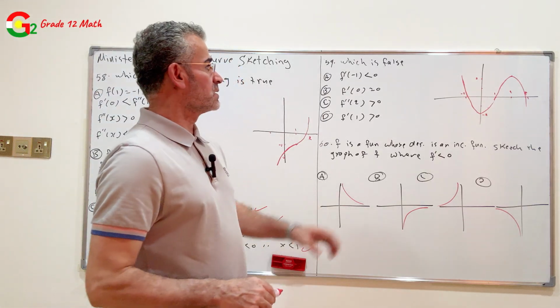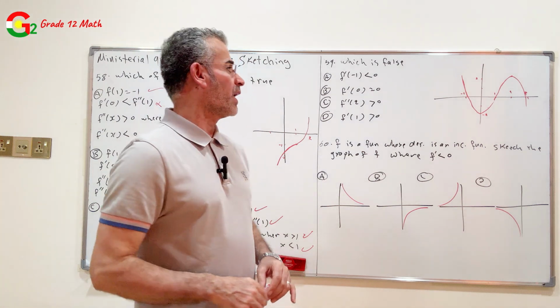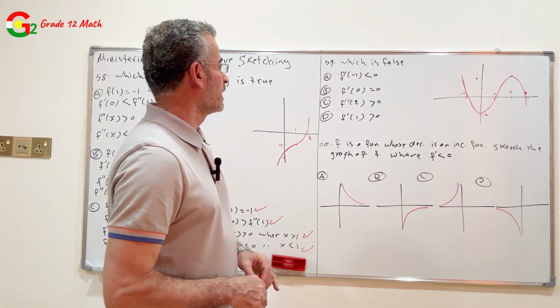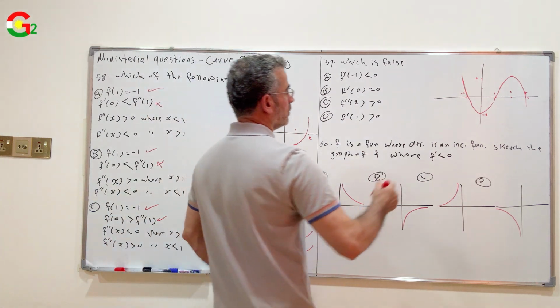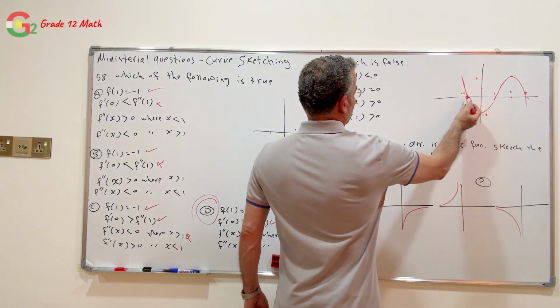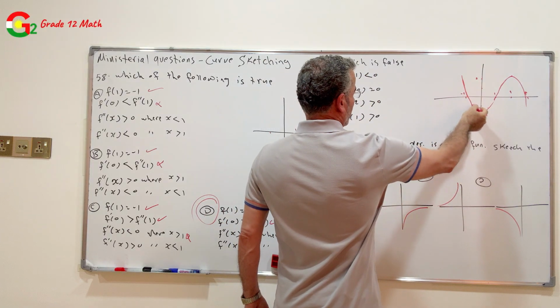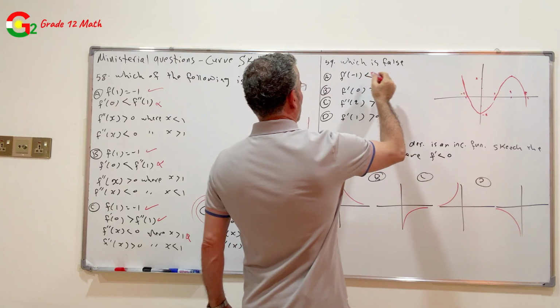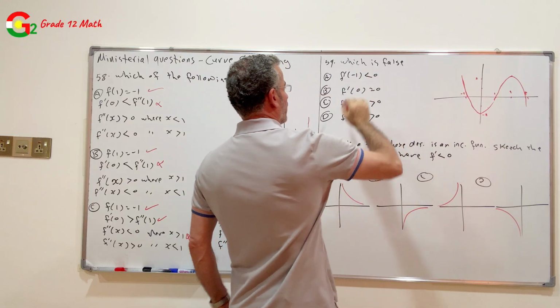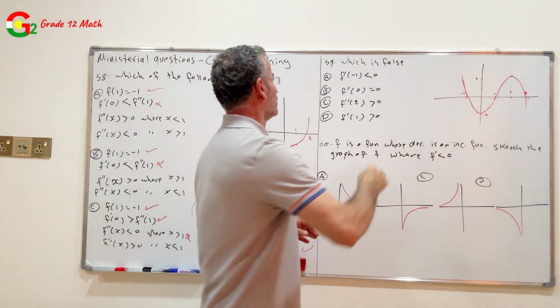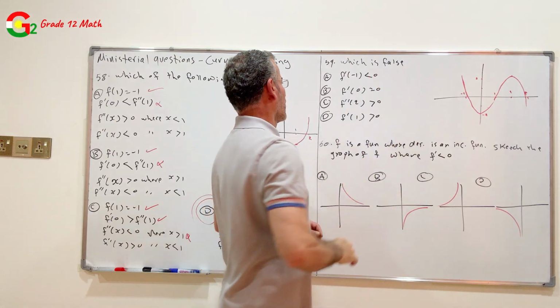which is false for the graph on the right. F prime of negative 1 less than 0. At negative 1, the graph of the function is decreasing and f prime of x should be less than 0. It is true. It is not the right choice.